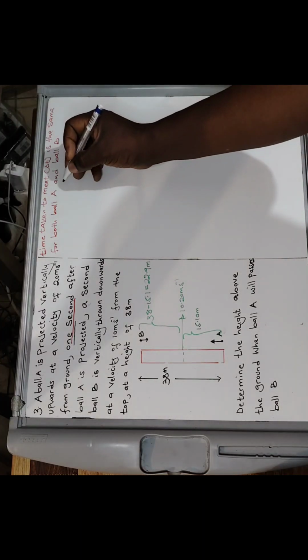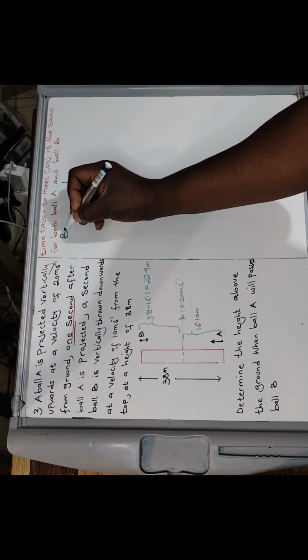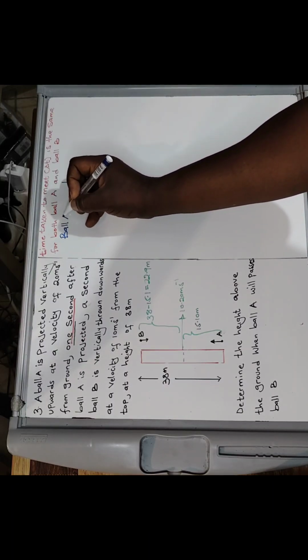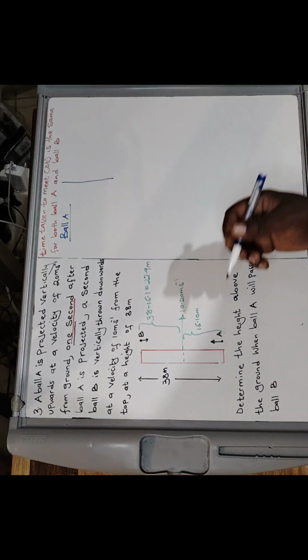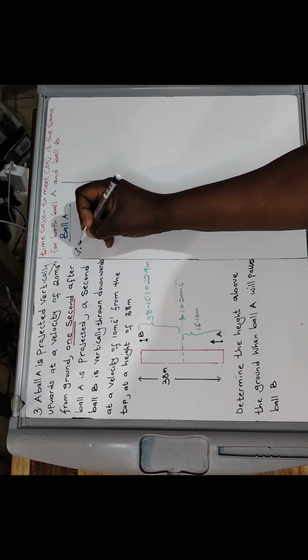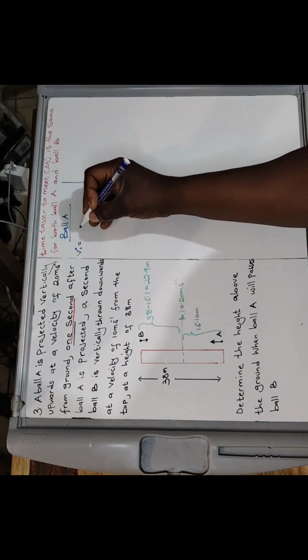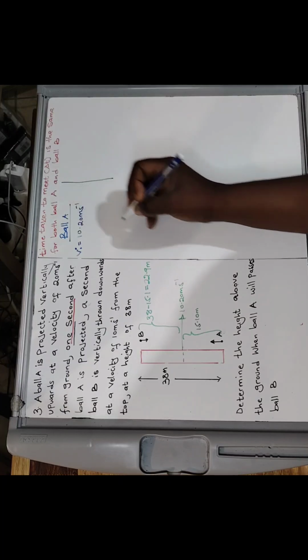So let us now look at the data we have for each ball. Let's take this one to be ball A. What do we know about ball A? We know the initial velocity. Now it has come to be 10.2 meters per second.